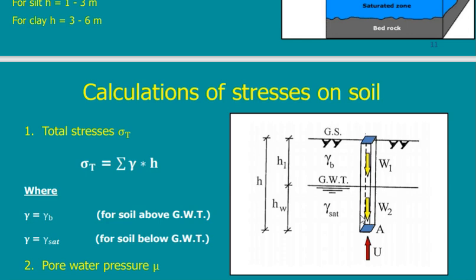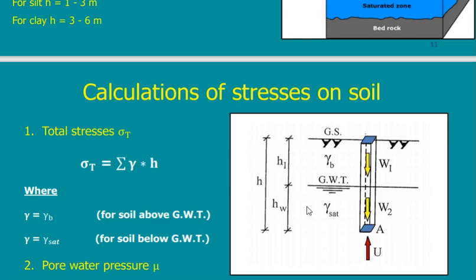This is sand and this is sand, or this is clay and this is clay. It is the same type of soil. But if I measure the weight of the sample at this location, I will get a value. If I measure the weight here, I will get a lesser value. Why? Because it is submerged. It is below water and water is pushing.